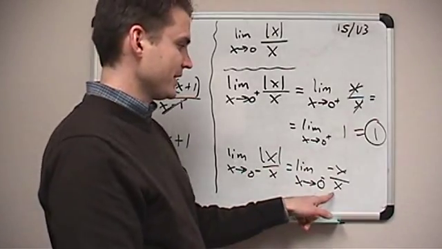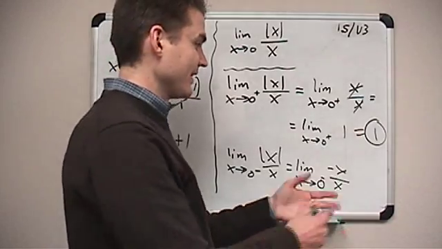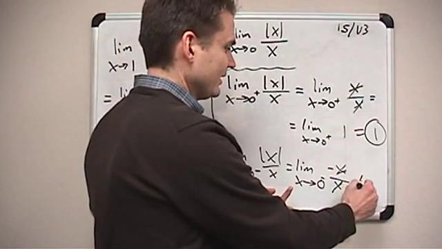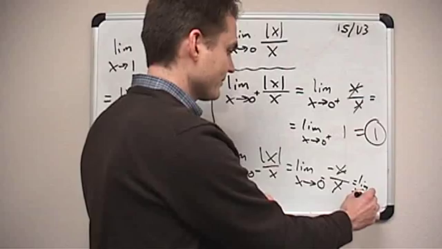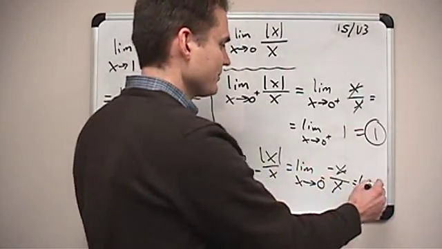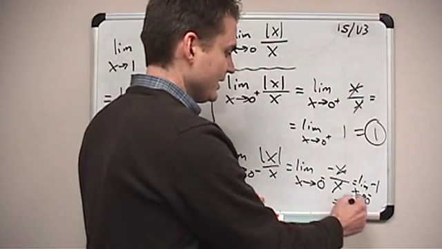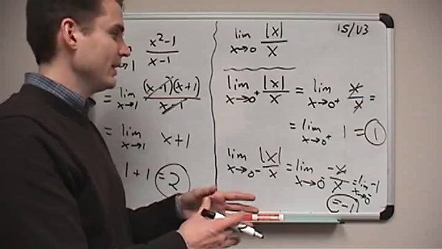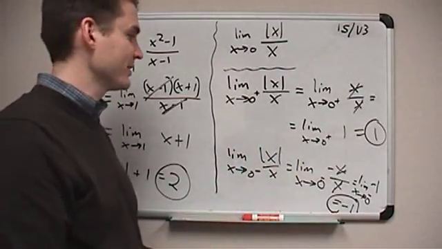Okay? So what happens here? Well, we use the replacement theorem to write this equivalent expression. That is a lot simpler, because here the x's cancel, and we get the limit as x approaches 0 from the left, okay, of -1. Okay, and of course that's just -1. Okay, so, you know, breaking this into two one-sided limits, we can use direct substitution with the replacement theorem on each side.